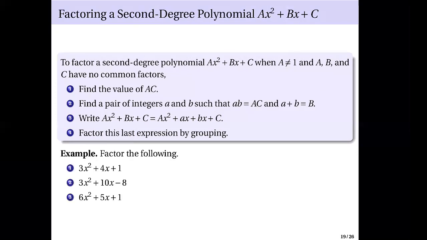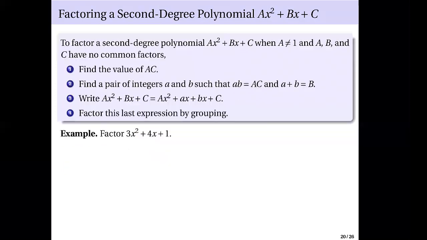So here are the examples that we will solve: 3x squared plus 4x plus 1, 3x squared plus 10x minus 8, 6x squared plus 5x plus 1. Let us do all of them on record.